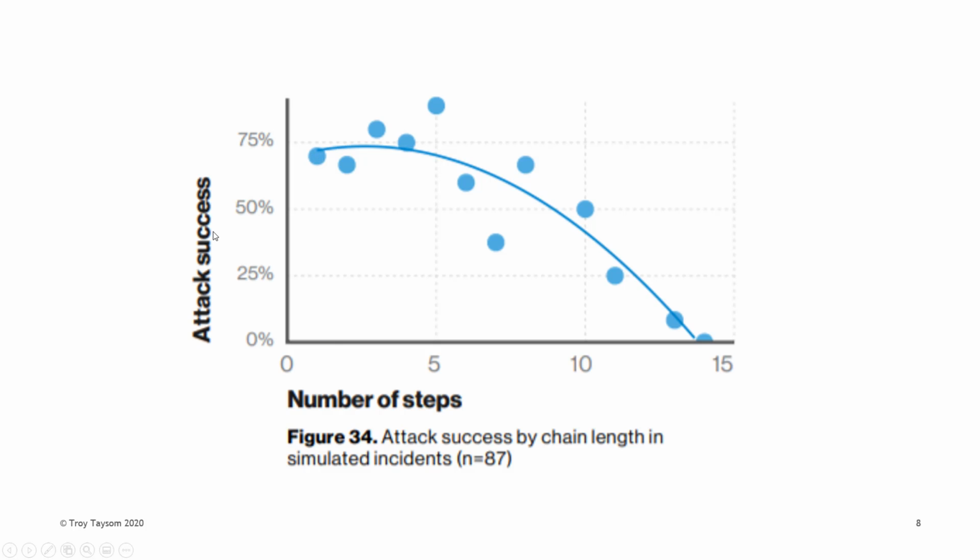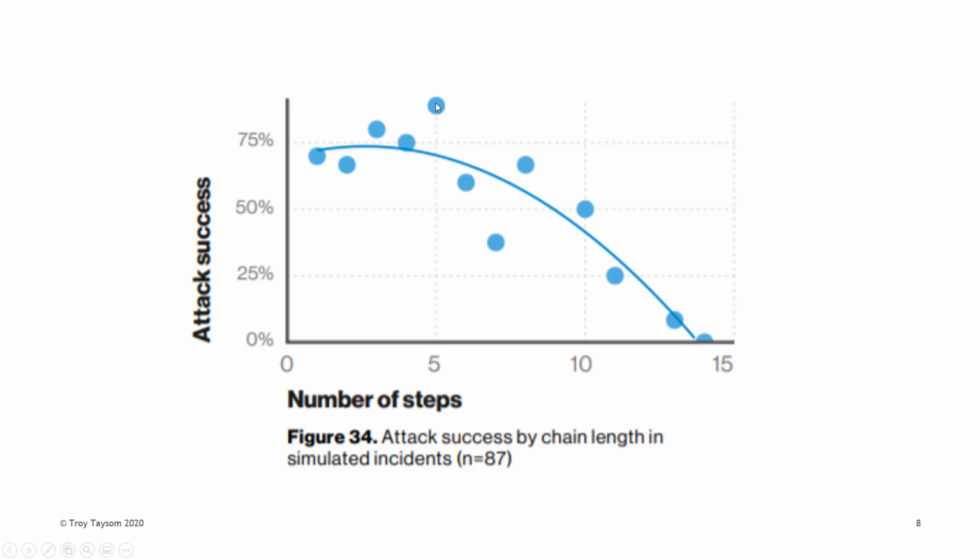If we take a look at this, here are your attack success percentages, the number of steps it takes in order to be successful. It shows attack success by chain length in simulated incidents. Interestingly enough, right here, just under 75% took maybe one step and then 2 steps. But you see all these up here, 5 steps being the most that it took, which is not very many.